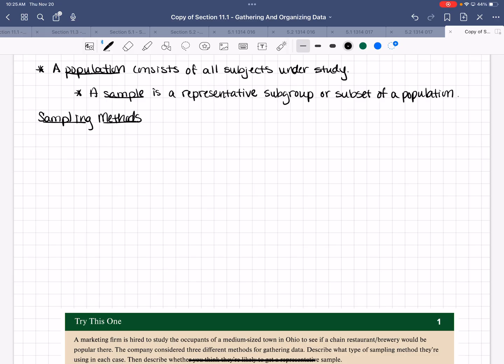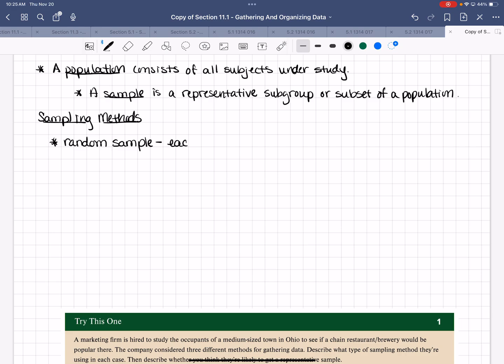Okay. Now, here's the deal, guys. When we do any kind of sampling, in order for it to be valid, it needs to be what we call a random sample. Okay?